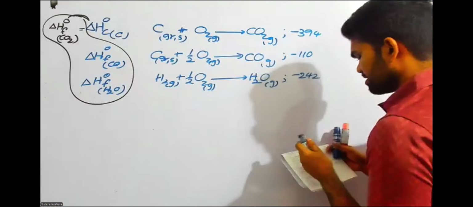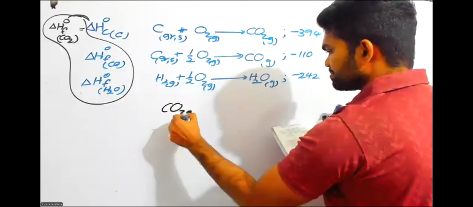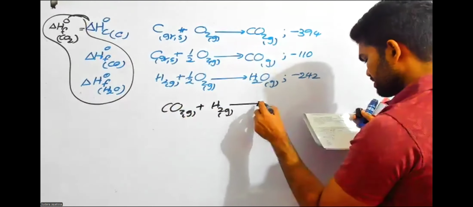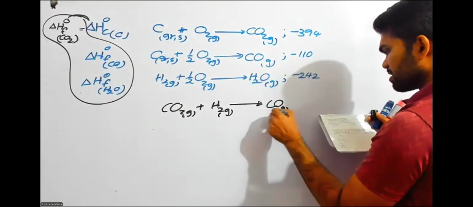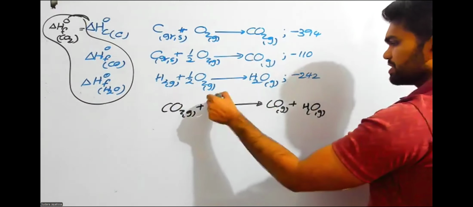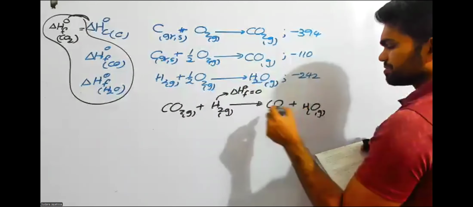Remember, a specific method we can use. Because for this unknown equation, you know all the formation enthalpies of these entities. Especially for this one, we know it is a reference element, so formation enthalpy is 0.